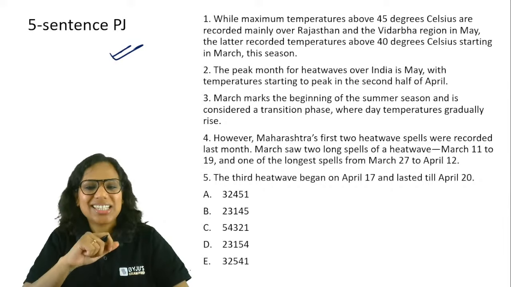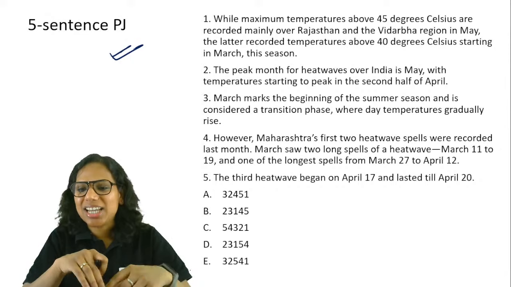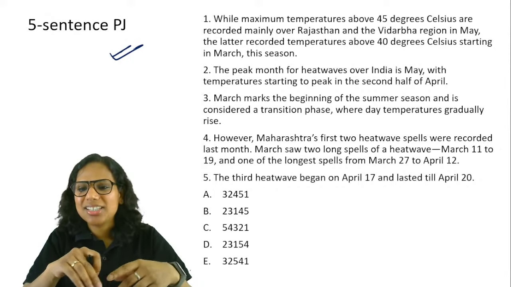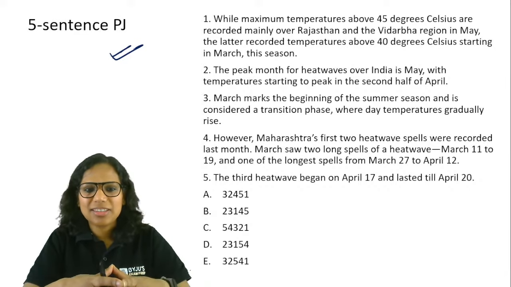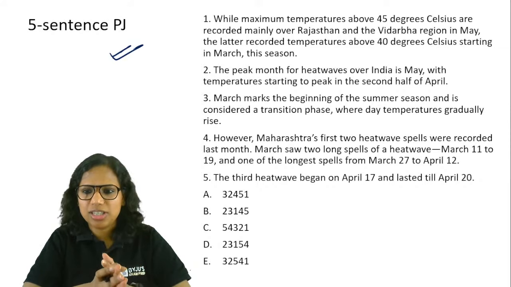Anyway, we are digressing. So A, E, B, all right. Let's see what the others say. A, E, B, okay. C and D, nobody is saying, okay.